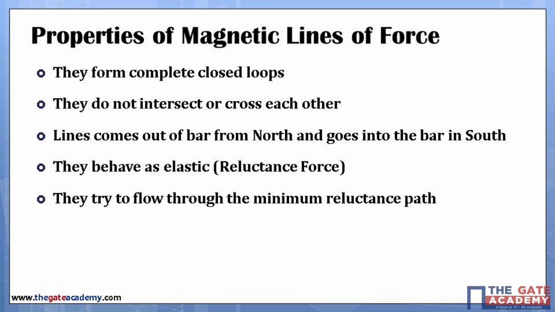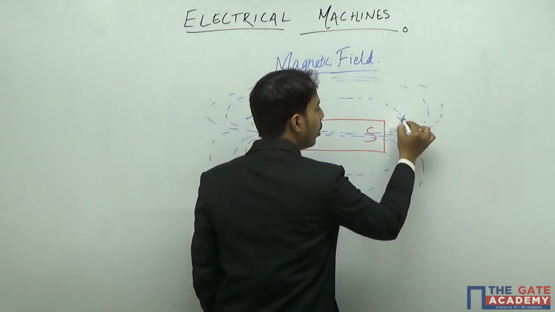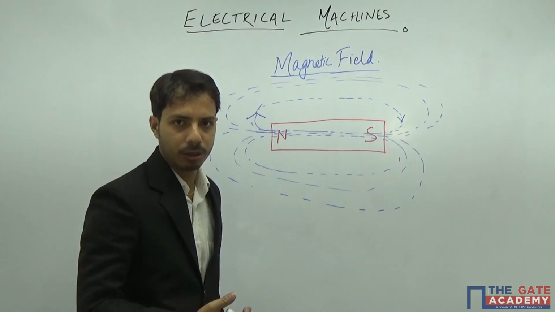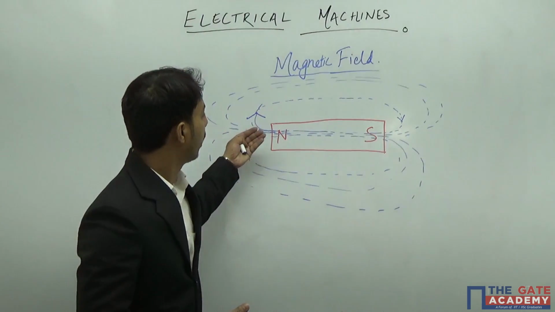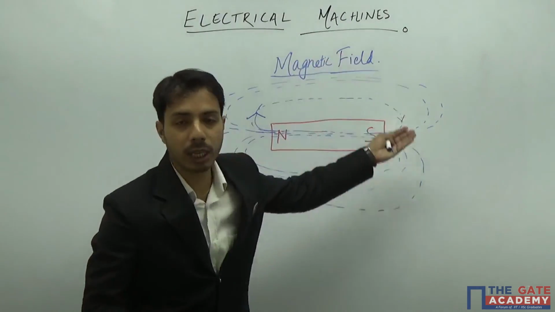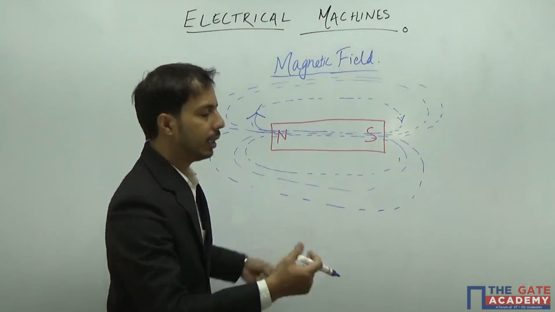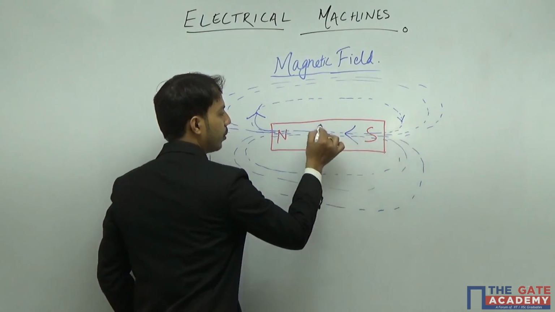The third important point is that these magnetic fields have directions. That means when it comes out from north and enters through south outside the bar, or in other words, it goes from north to south outside the bar, and from south to north inside the bar.